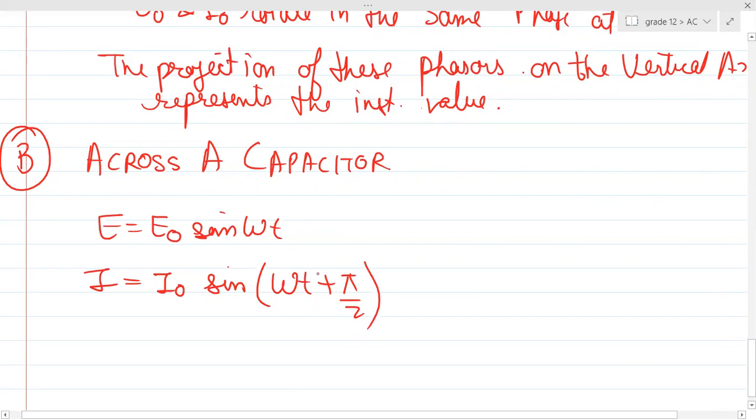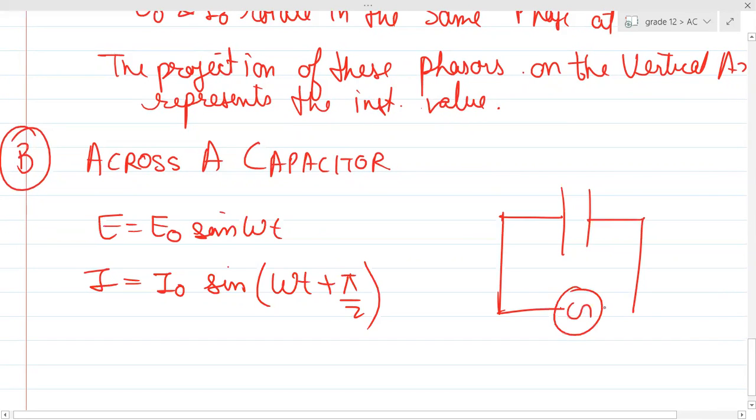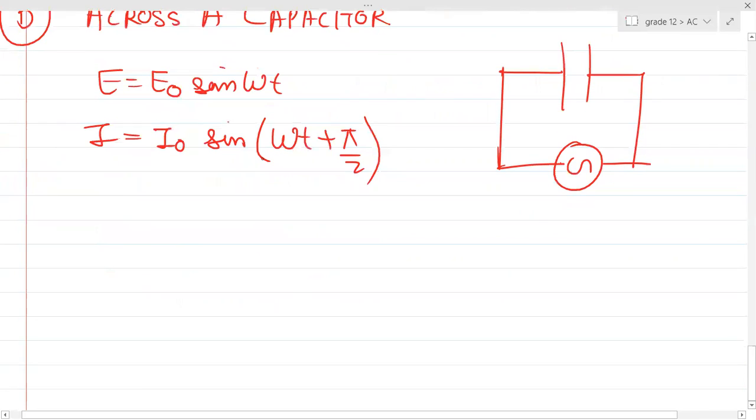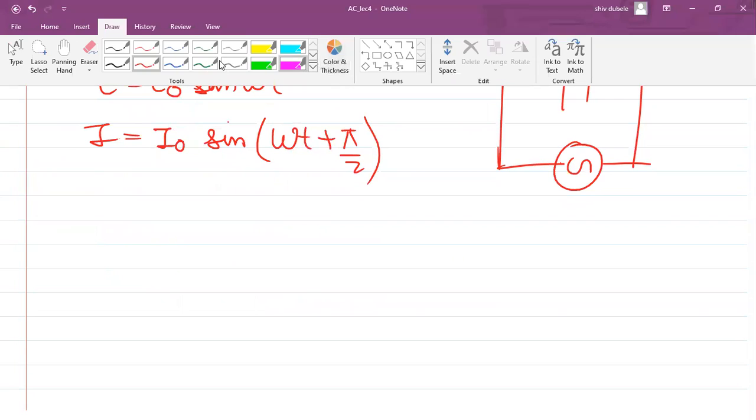Is this clear? So when I try to draw the phasor of this, how exactly will it look?